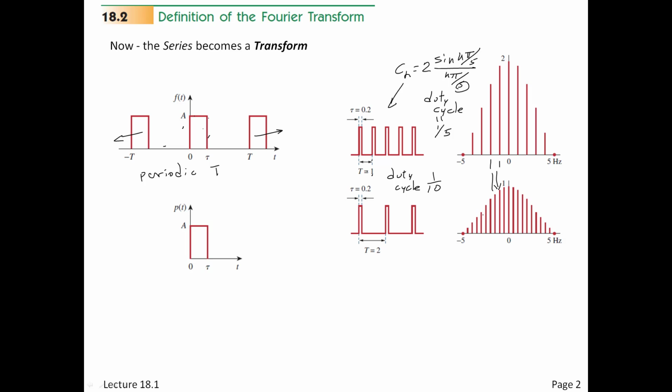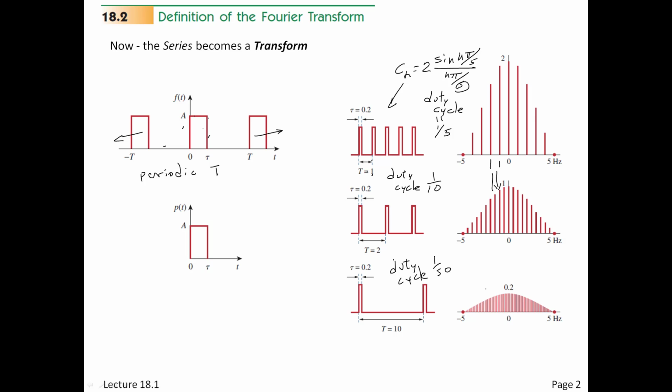So we've filled in more frequency components, and as we really push them out, this now has a duty cycle of 0.2 over 10. The previous one was 1/10, and we multiplied that by 5, so this is about 1/50th relative to the first one.